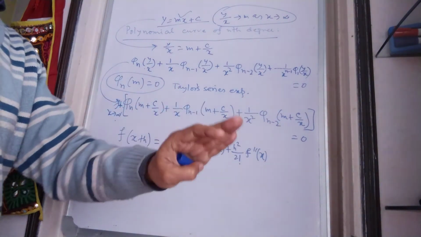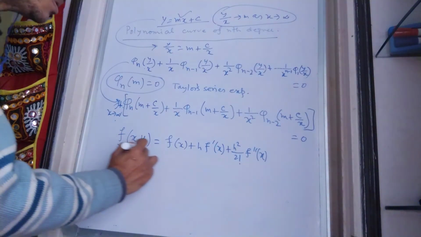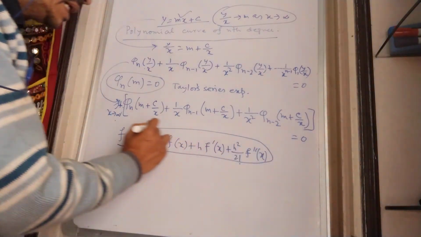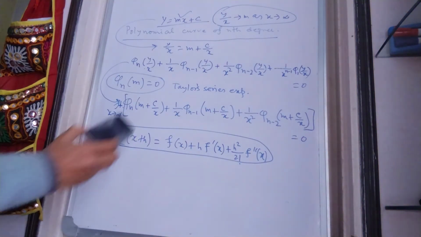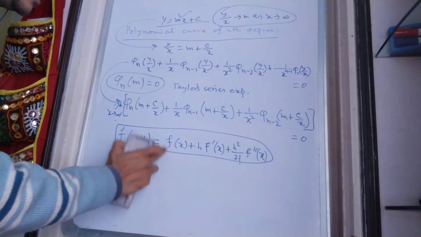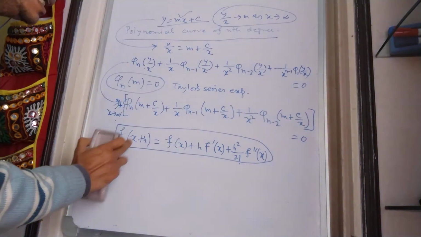So we don't keep those terms, we just keep the terms up to square. So the Taylor series expansion comes out to be this only, and we are replacing all these terms with this, assuming that m stands for x here and c by x stands for h here.